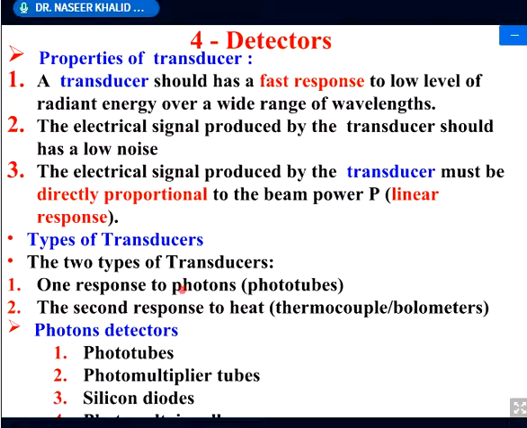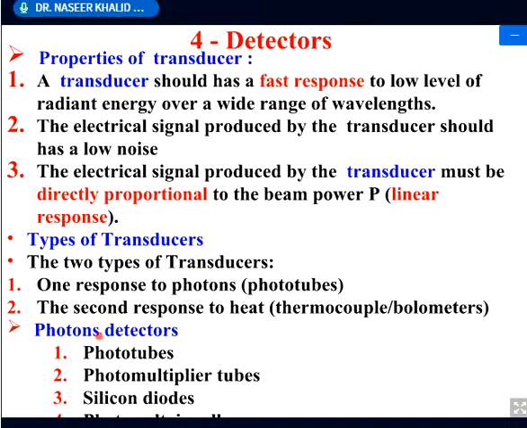So these are the two mainly. One transducer is responsible to measure the photon, the other to measure the heat changes. For heat changes, we are using the thermocouple and the bolometer. Whereas for the photon measurement, we are using phototubes generally.